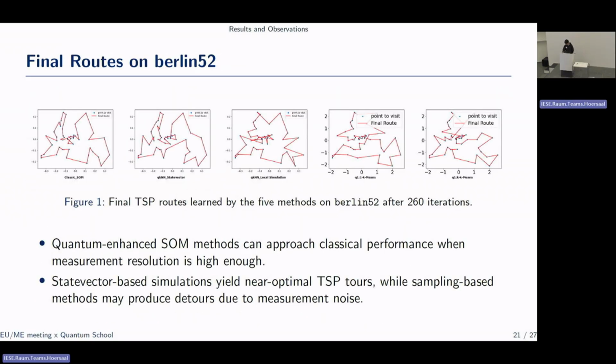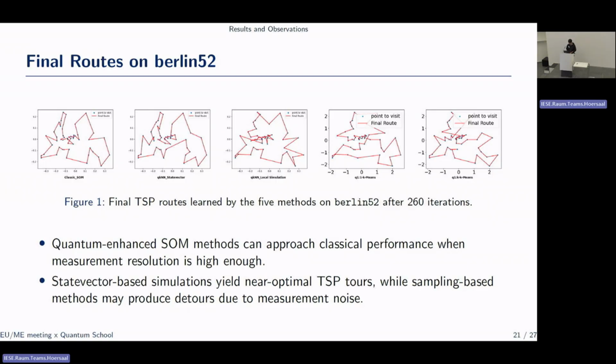For the experimental results, we tested on TSPLIB. First we test on the instance Berlin52. The first one is the result of the classical SOM, and the next four results are based on the QKNN stacked vector, the QKNN local simulation, and also the two methods of QK-means.